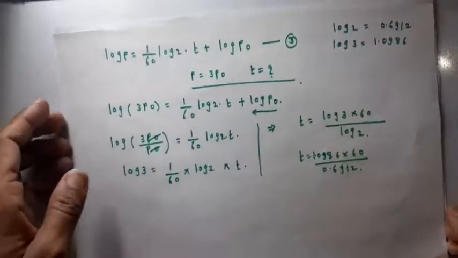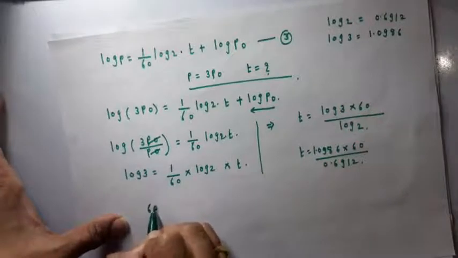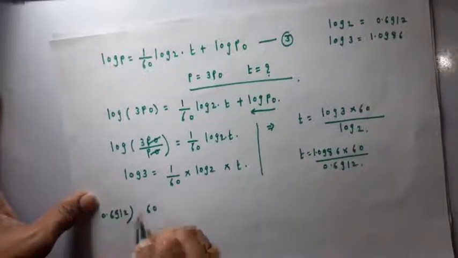So students, let us divide 60 by 0.6912.